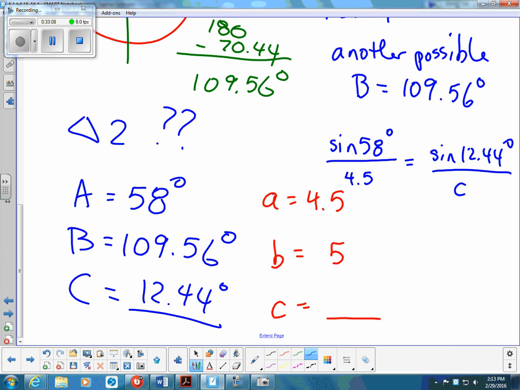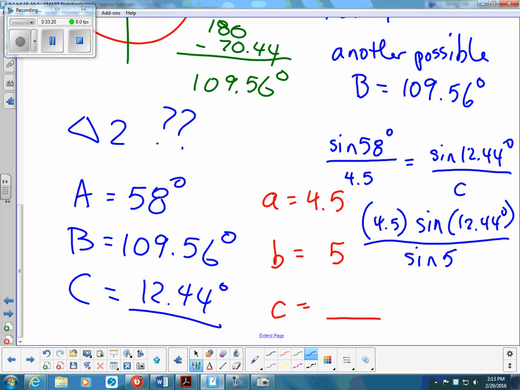So if we cross multiply and solve, we get 4.5 times the sine of 12.44 degrees divided by the sine of 58 degrees should equal our side C. Does everybody agree with that?